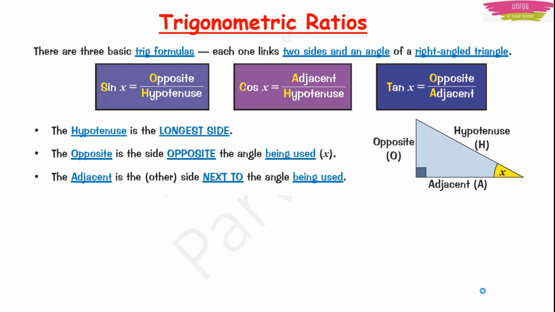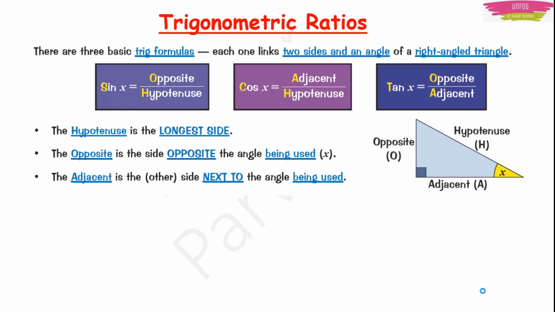In the same manner, if I want to find cos of that angle x, then I will write adjacent side by hypotenuse. And if I want to find the tan of that angle x, then I will write opposite side by adjacent side. If I have the values for these sides, meaning if some lengths are given in the question, I can substitute there and I can find the angle.